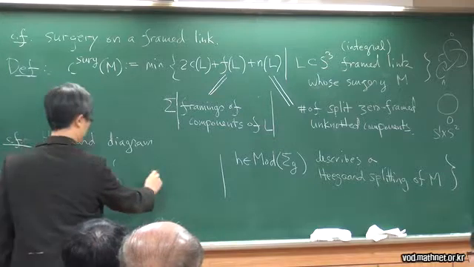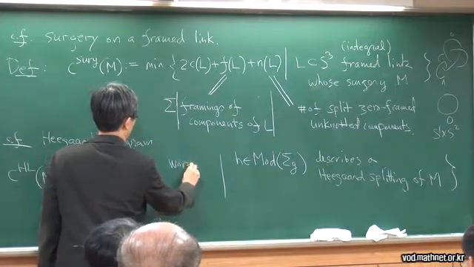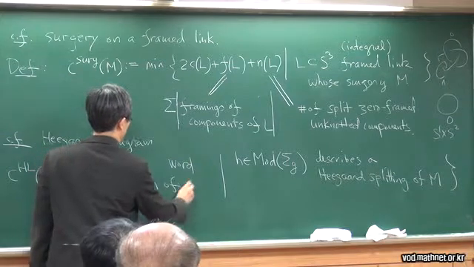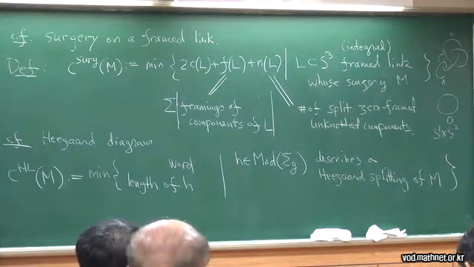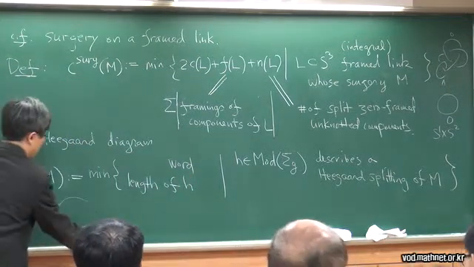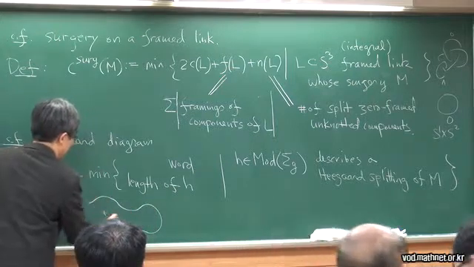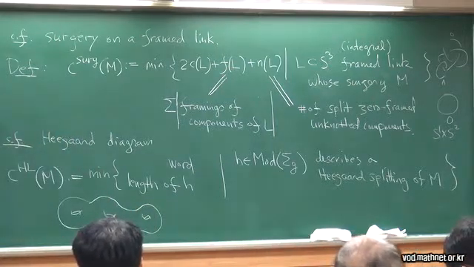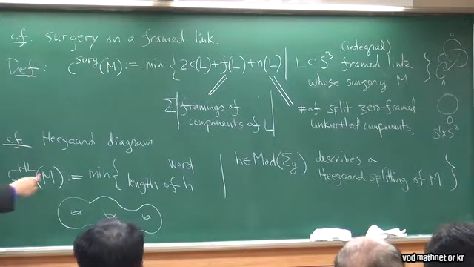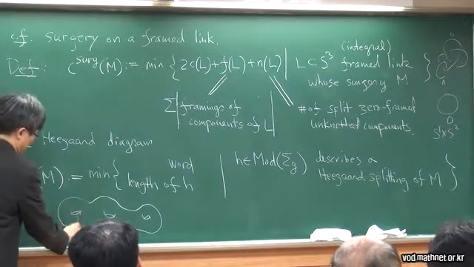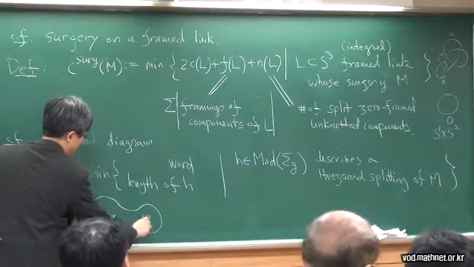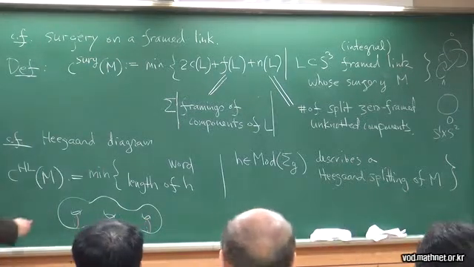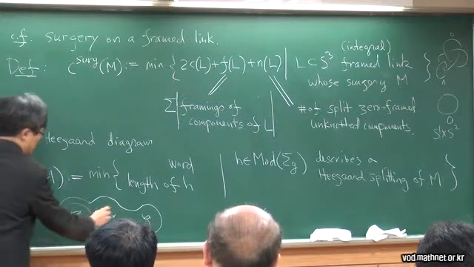All right, so I'm going to take the word length, but in order to talk about word length explicitly, I need to take a set of generators. So in case of the mapping class group, there are several standard generating sets known classically, but I'm going to take the simplest one.